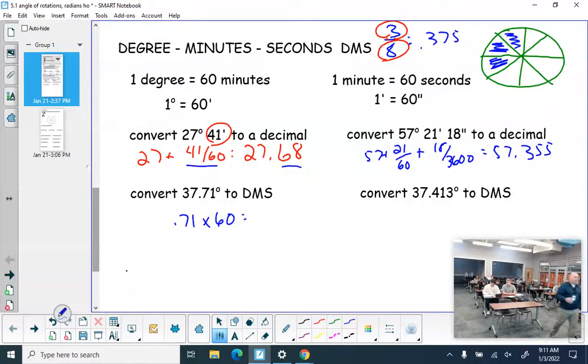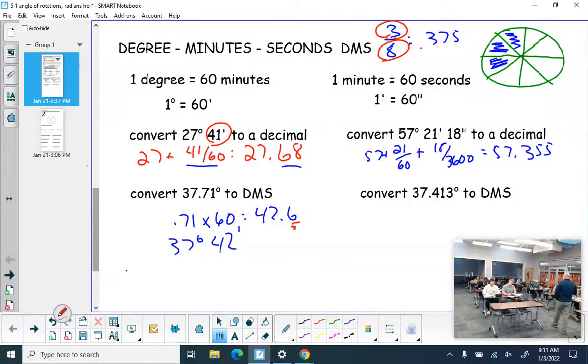Brianna? 42.6. That doesn't get rid of all my decimals though. But it tells me that I have 37 degrees and 42 minutes. But we still have this 0.6 of a minute that I need to convert into seconds.